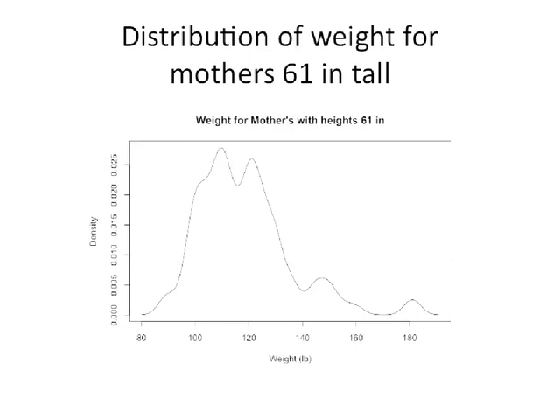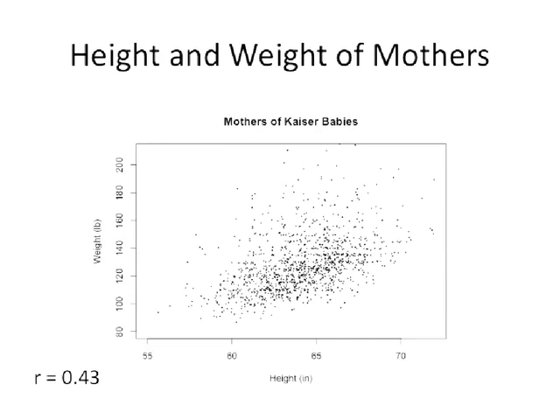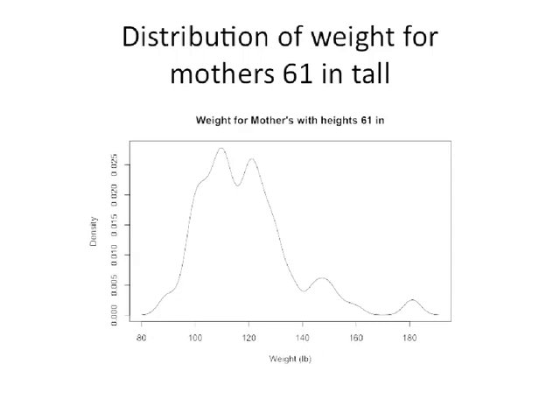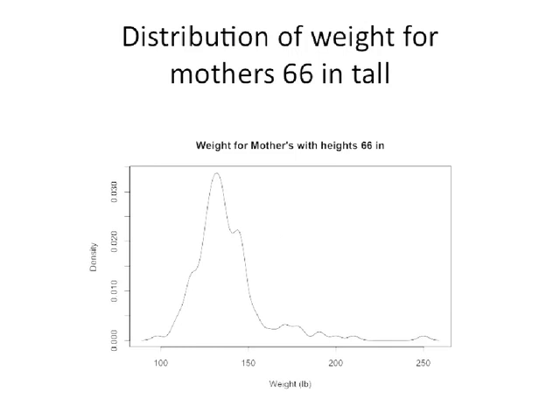So here's a slice of the women that are 61 inches tall to the nearest inch. So that's taking a slice right about here and looking at the distribution of their weights. And you see that there's a bit of a long right tail here. We can do the same thing for women who are 66 inches tall.